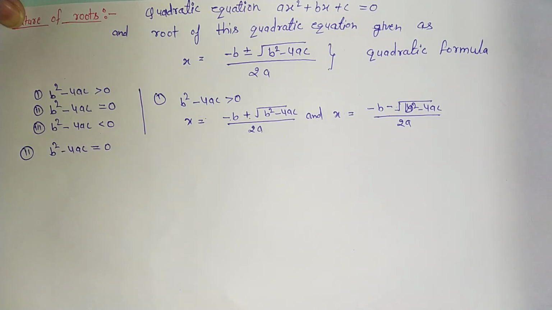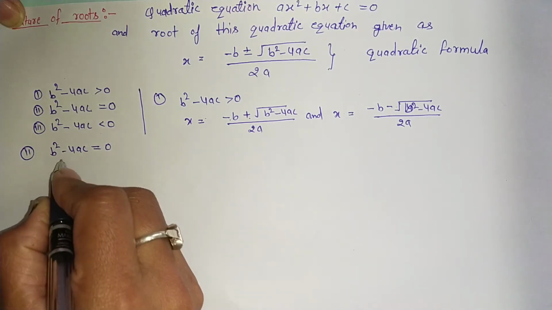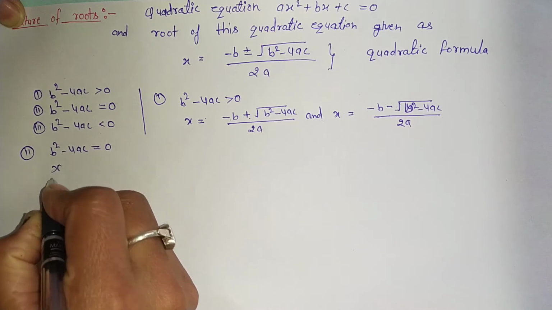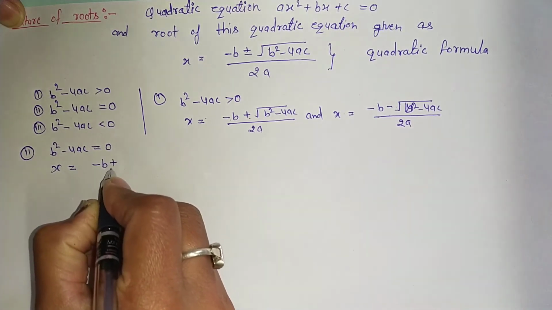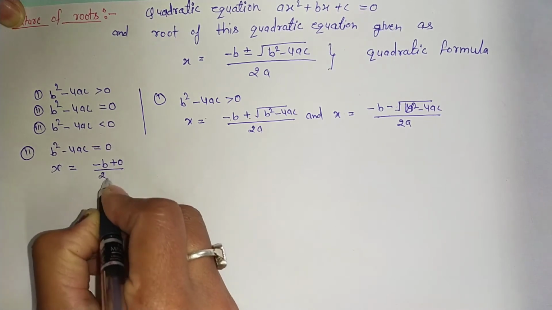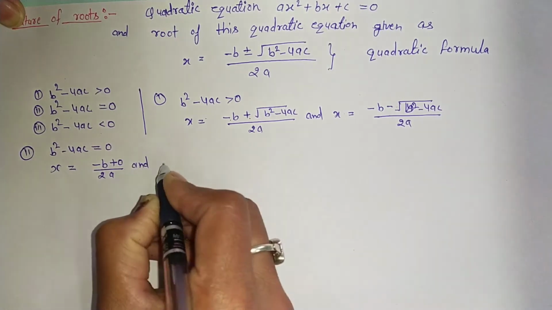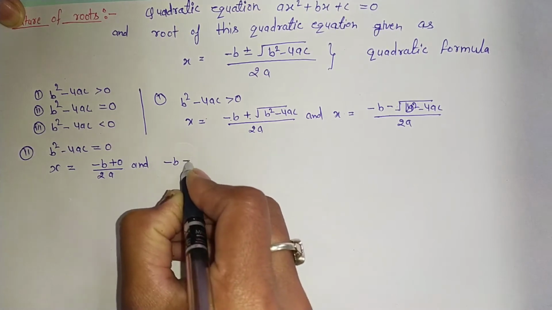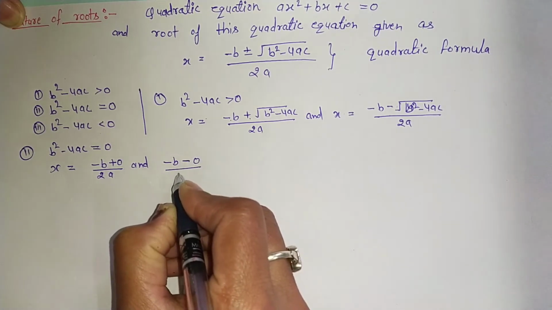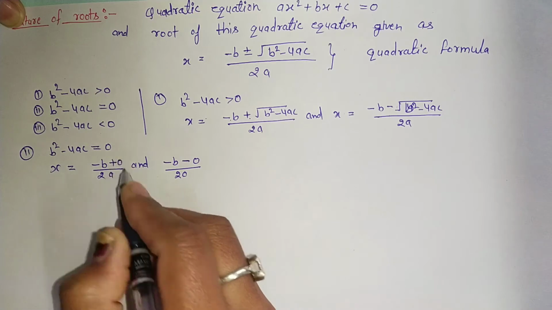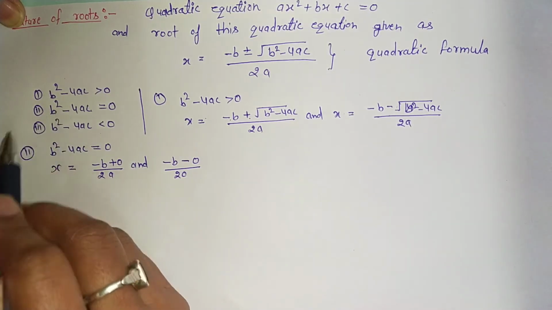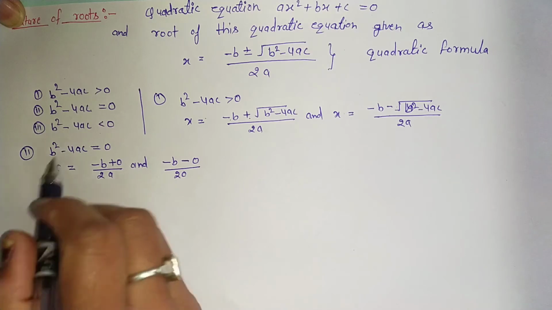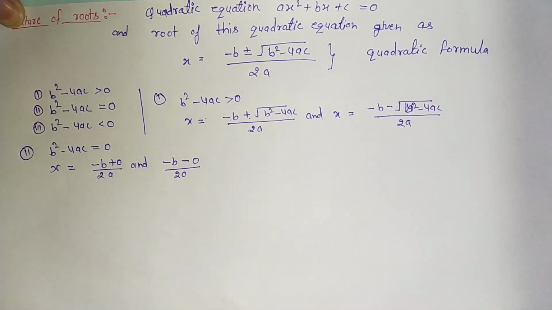If b square minus 4ac equal to 0, then the roots of the given quadratic equation are x equal to minus b plus 0 upon 2a and minus b minus 0 upon 2a, because the square root of 0 is also 0.